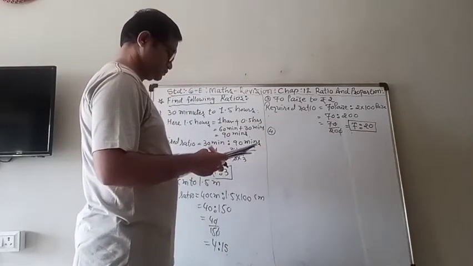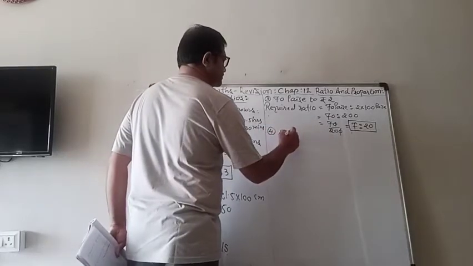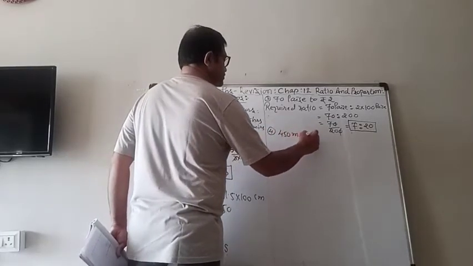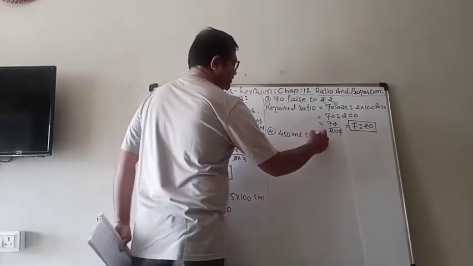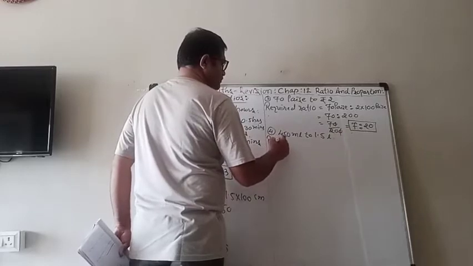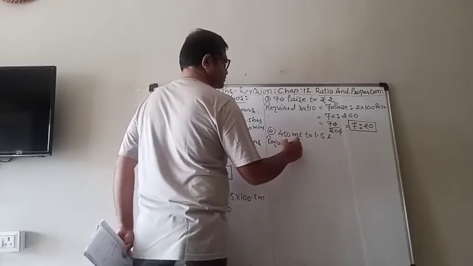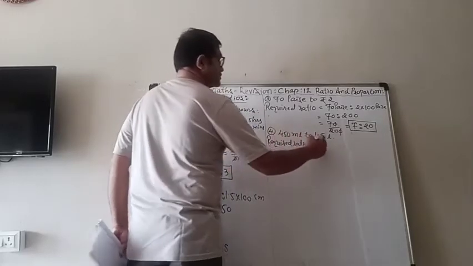Fourth one. 450 milliliter to 1.5 liter. So now we know that 1 liter is 1000 milliliter.